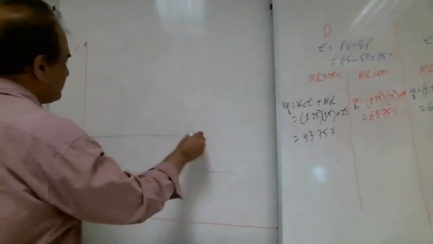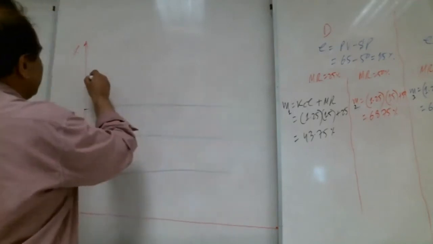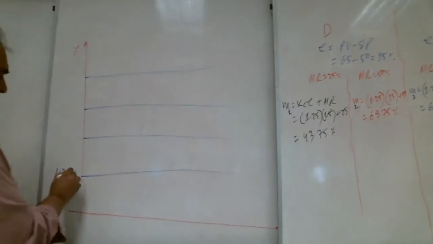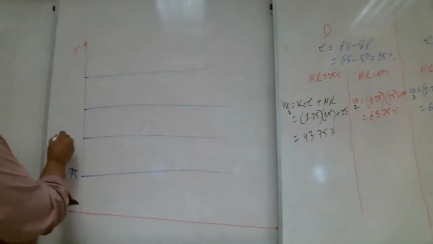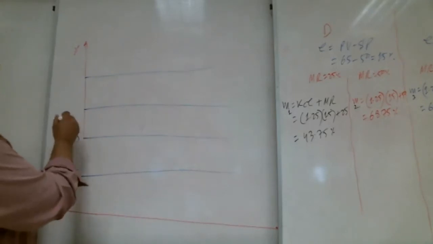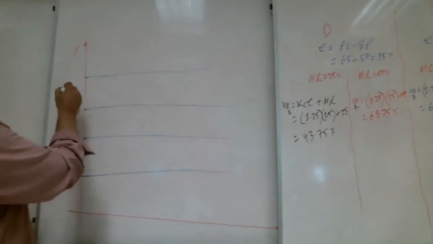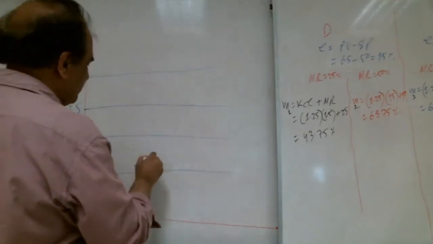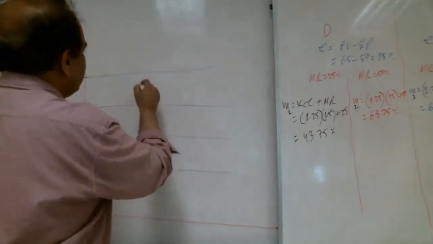He made 4 straight, constant lines: 43.75 here, 68.75 here, 6.25 here, and 31.25 here. And this is M1, M2, M3, M4.